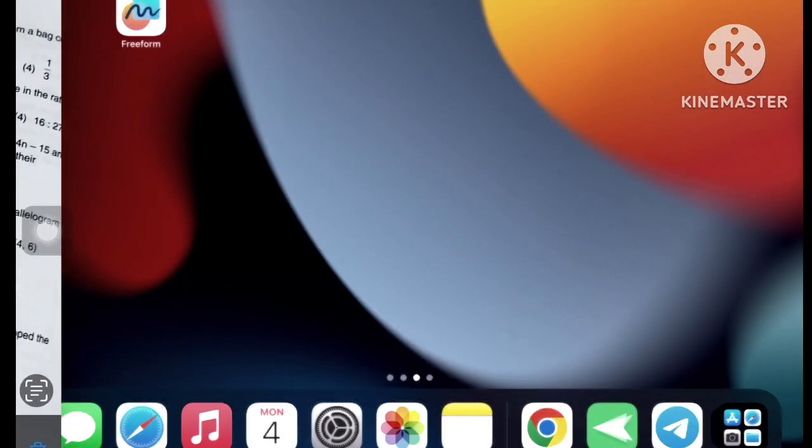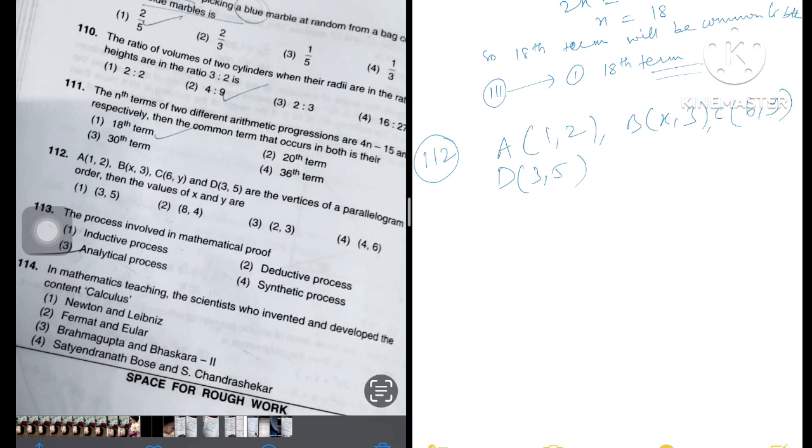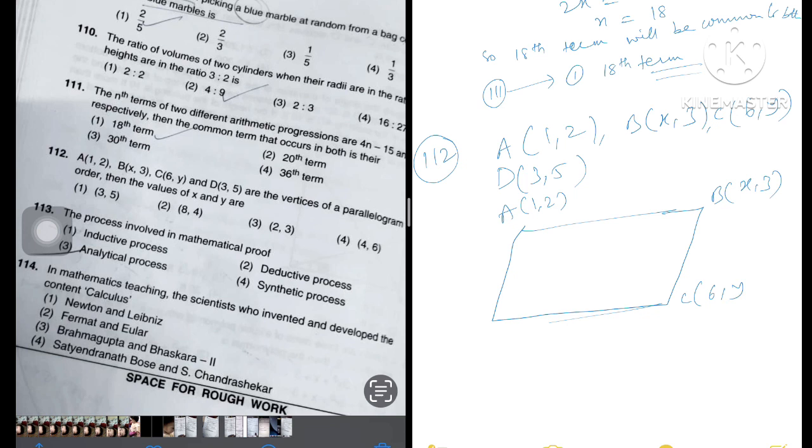Question number 112: A(1, 2), B(x, 3), C(6, y), D(3, 5) are vertices of a parallelogram.